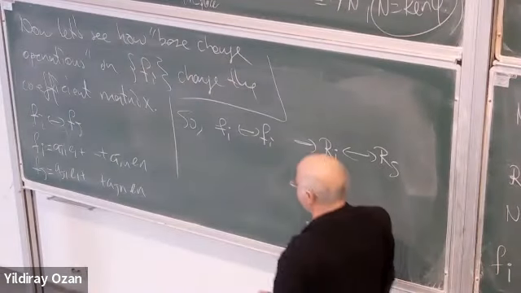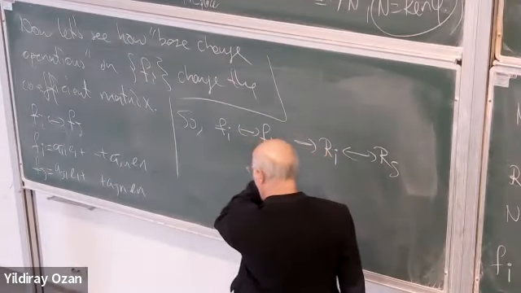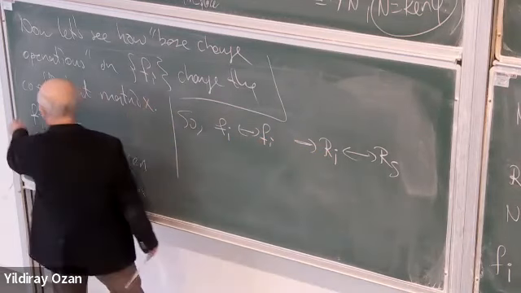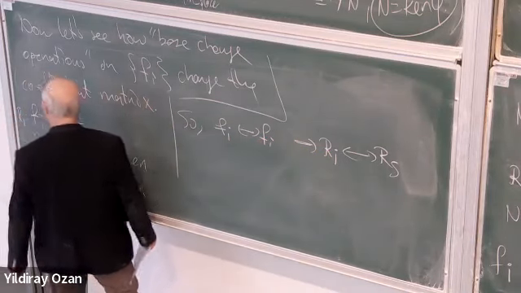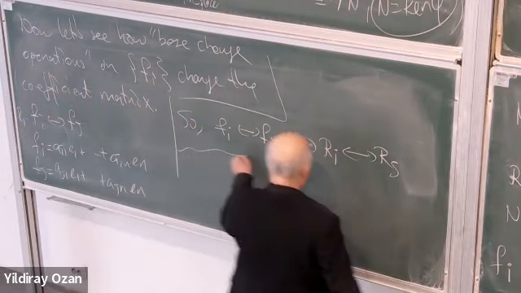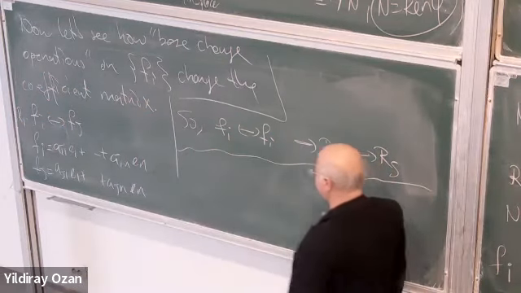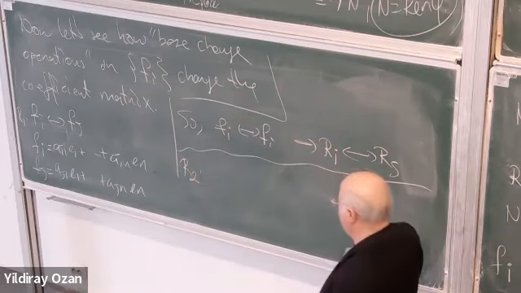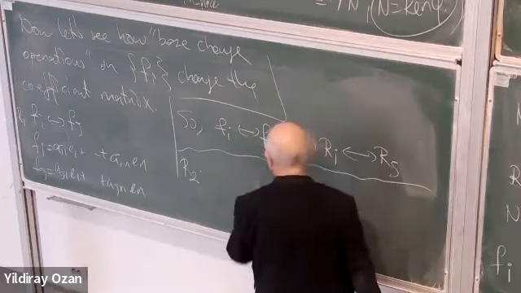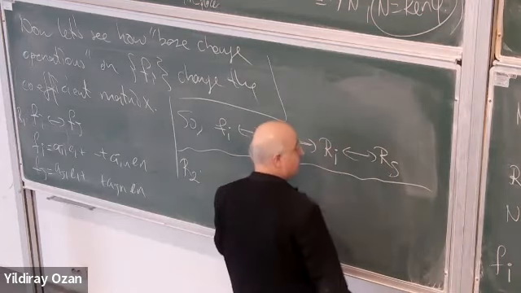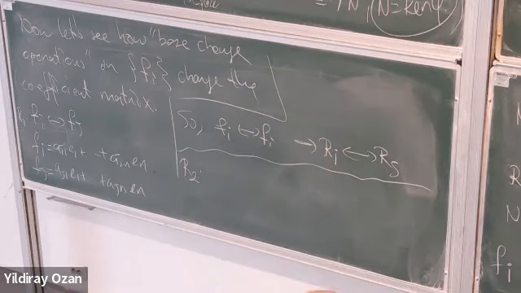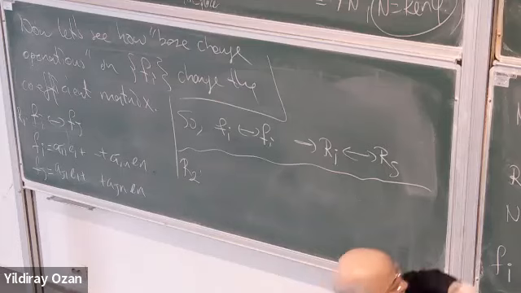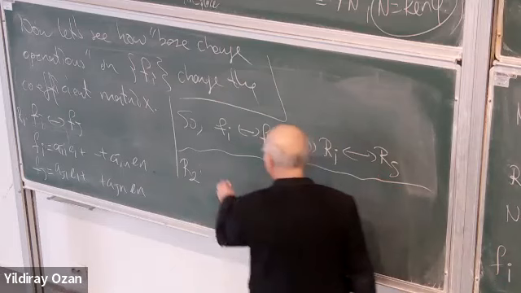Başka ne yapabiliriz? Birinci tipteki row operation, ikinci tipteki row operation, bir tane basis elemanını diğerine ekleyelim. Yani demin orada ne yapmıştık? j'inci basis elemanına i'inci basis elemanının r katını eklemiştim. Burada da benzer bir şey yapalım.